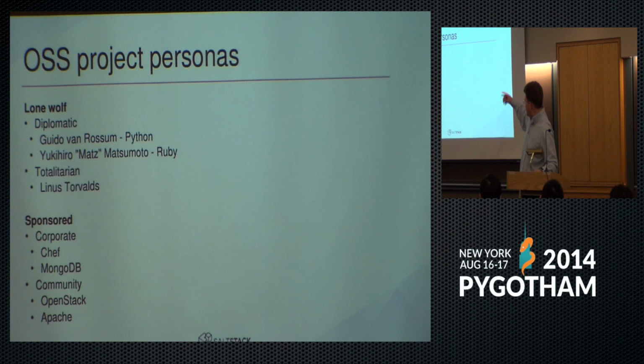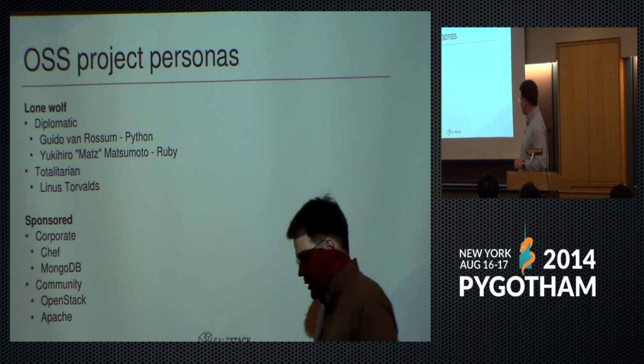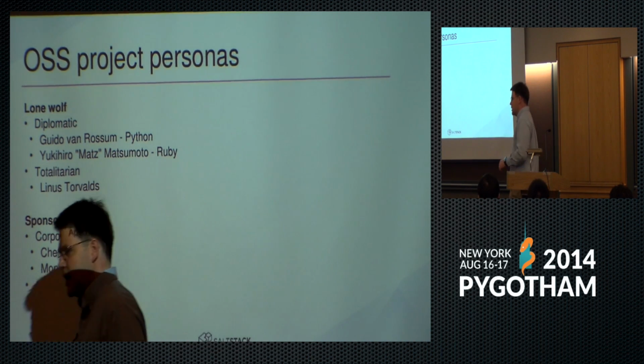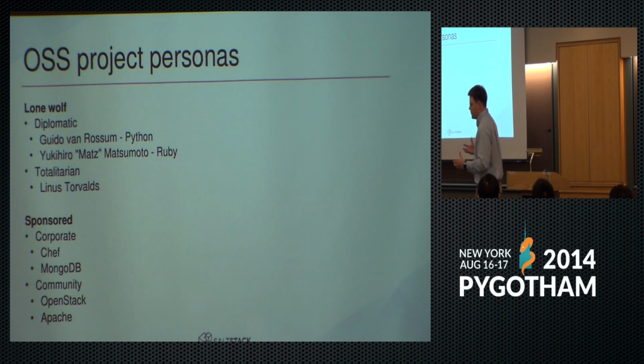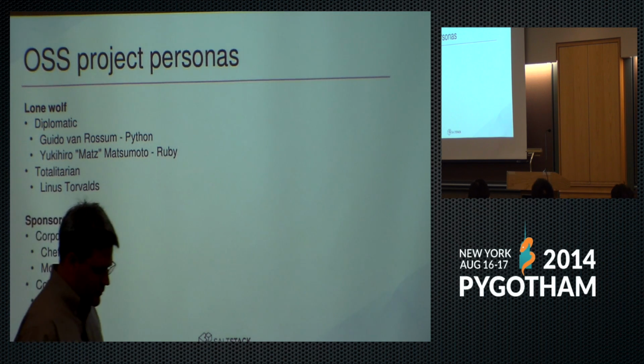Now this is one thing that I wanted to talk about a little bit that kind of leads into this, is that different projects end up getting different personas. And different project leaders manage things very differently. So, I mean, you can think about how Guido van Rossum manages Python, with respect to how Linus Torvalds manages Linux.